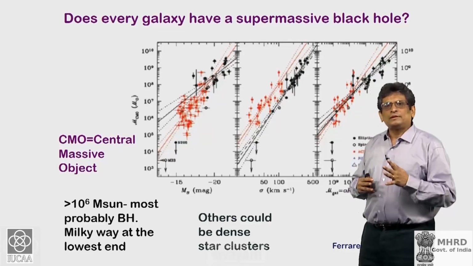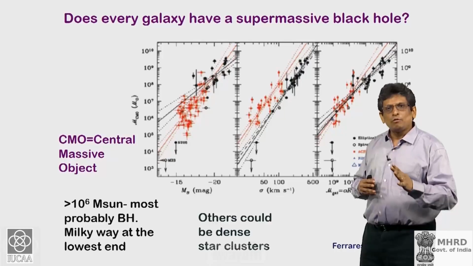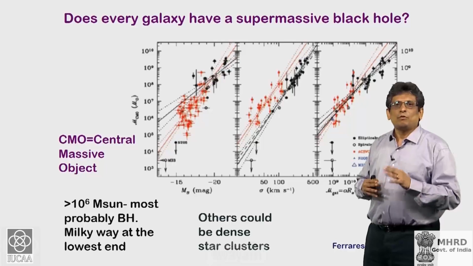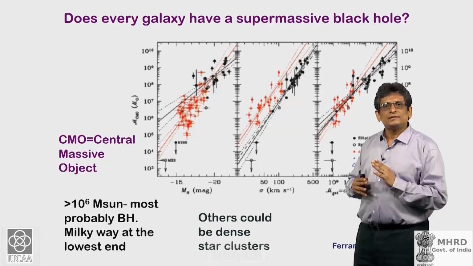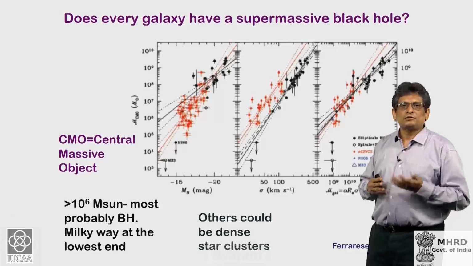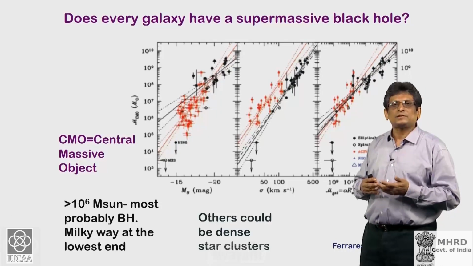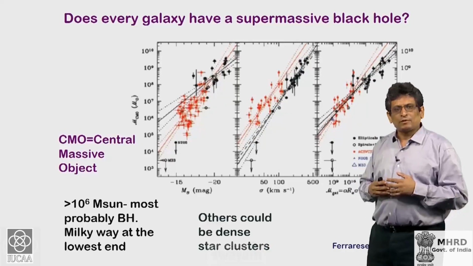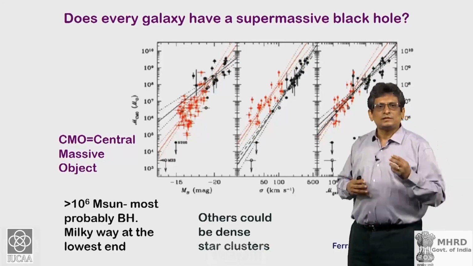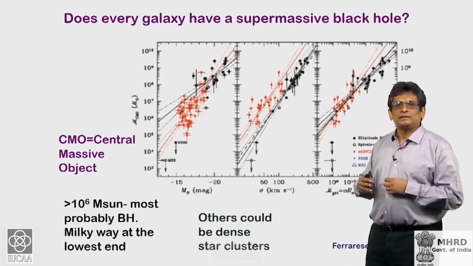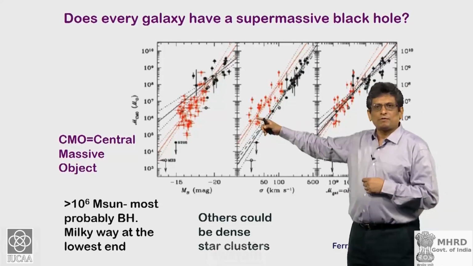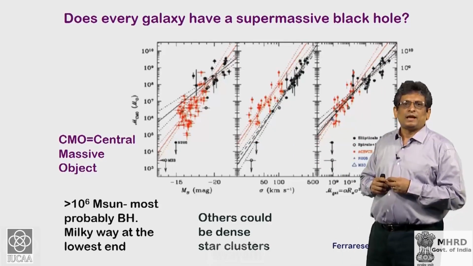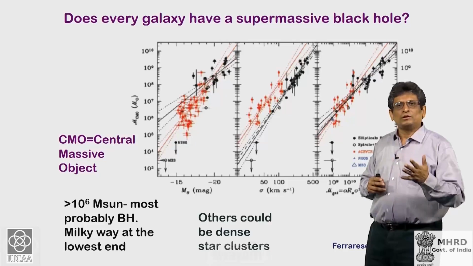It is true that one can actually show that the central objects are black holes in only the more massive galaxies. So for example, if the mass turns out to be something like 10 to the power 6 times the mass of the Sun or higher, one can establish that it's probably a black hole, a supermassive black hole. There are many galaxies where the central object is much lower, of the order of 10 to the power 4 or 10 to the power 5 times the mass of the Sun, and it is not clear to us whether we can call these black holes.